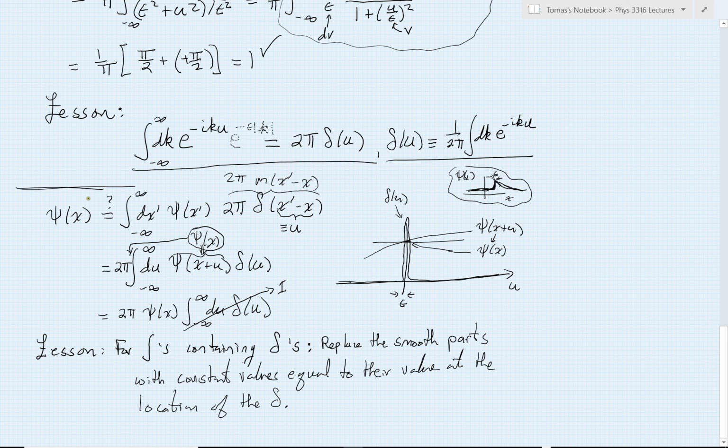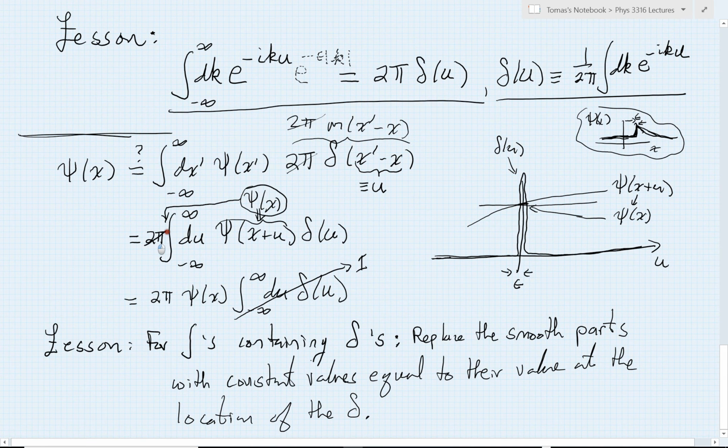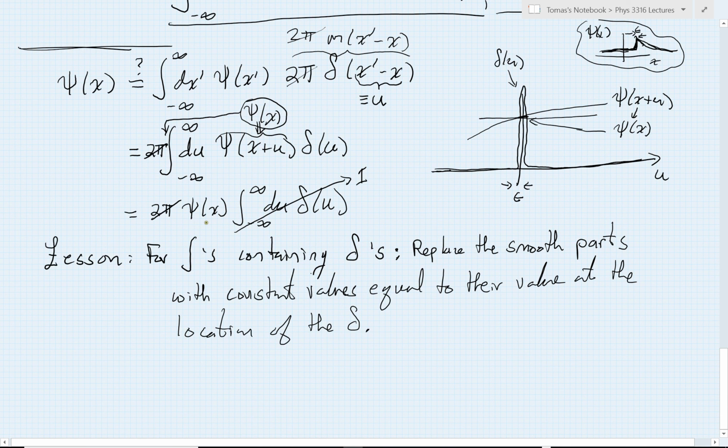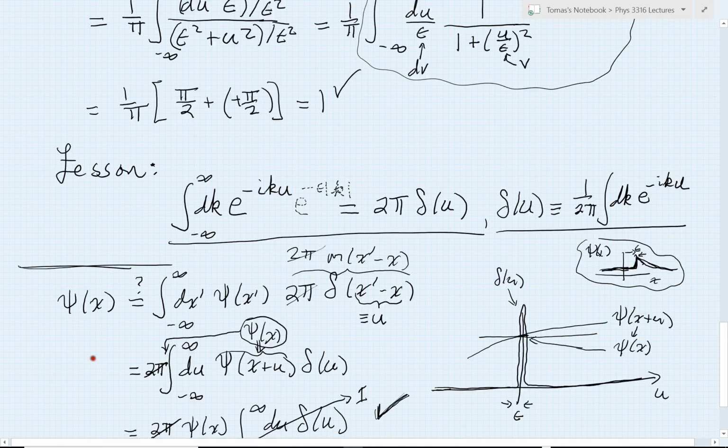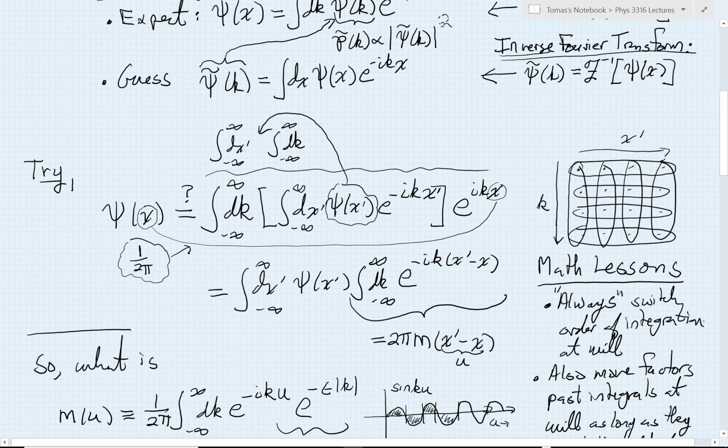That 1 over 2 pi would actually kill this 2 pi, and then I would have indeed found a perfect reconstruction of my psi of x, and everything would have worked out perfectly. So you can see that everything that we've written would still be true, and I would have come to the proper conclusion, provided all we have to do is explain where we could get a factor of 1 over 2 pi in our expression here.